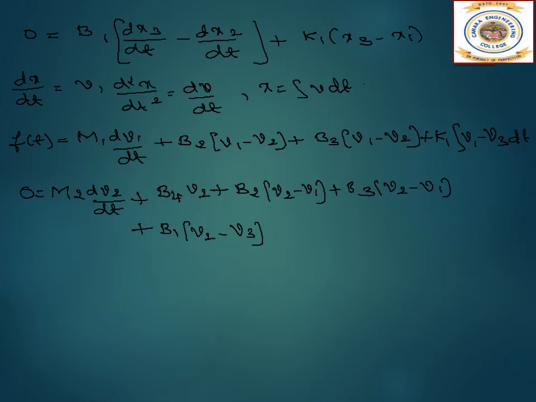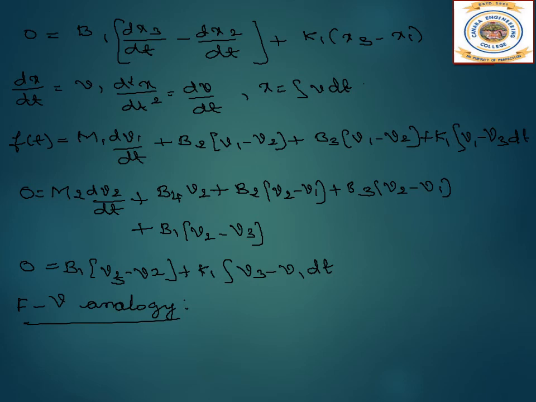Equation 3: 0 equal to b1 into v3 minus v2, plus k1 into integral v3 minus v1 dt. So we are done writing all three equations. Now let us take the analogous quantities. First we have to do the force voltage analogy.